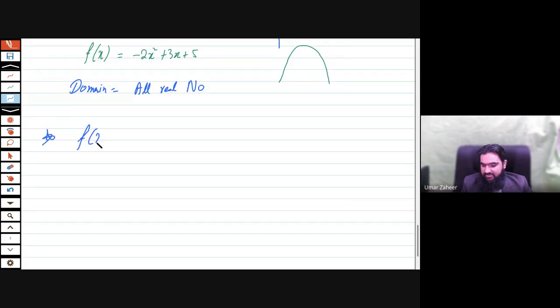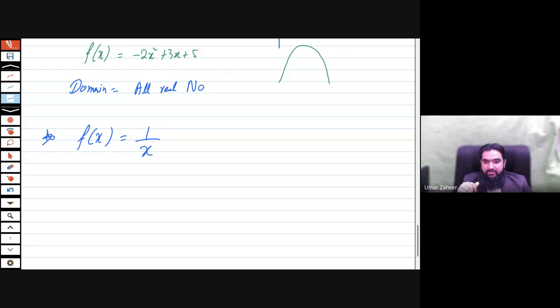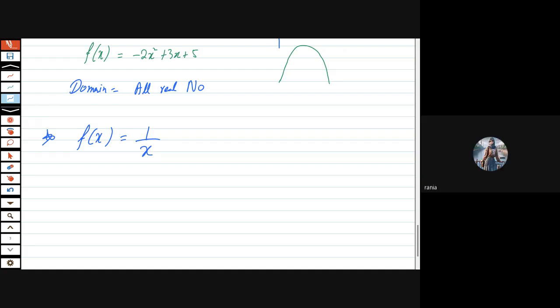You have f of x is equal to 1 by x. Yes, can anyone tell me which value I cannot substitute here? Which value will not be in the domain of x? Is it negative? Sorry?